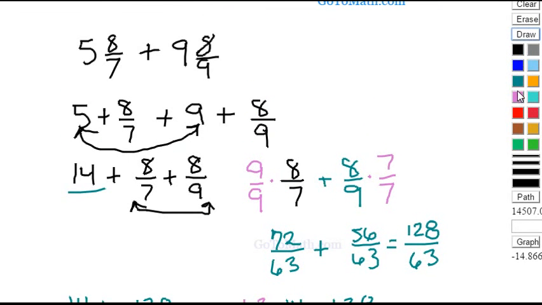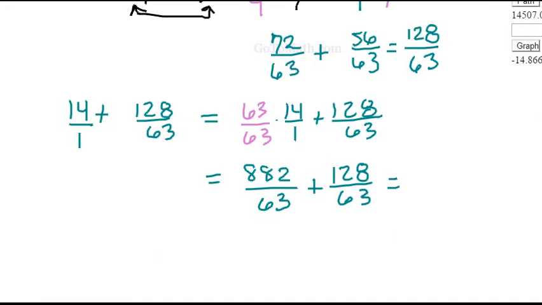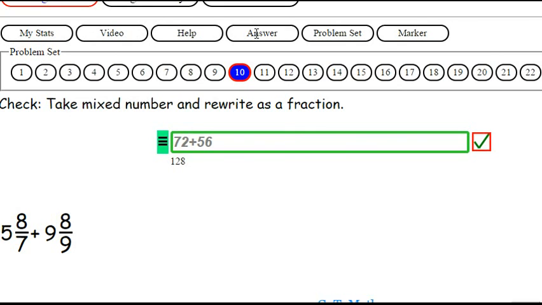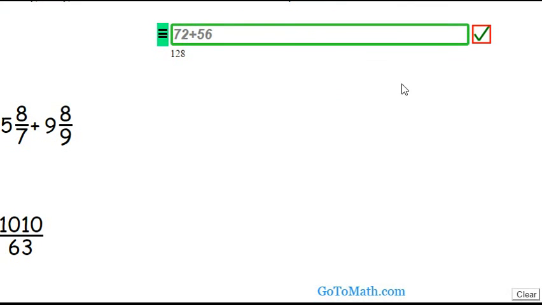Let's go back to draw. I don't know why I wrote that. 1010 over 63. Alright. And of course that shouldn't reduce down any. Click on the answer there. 1010 over 63. Looks good.